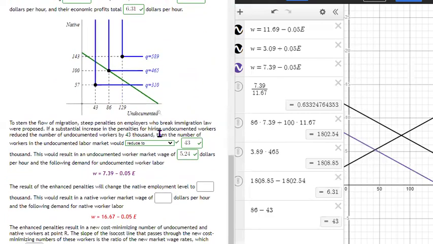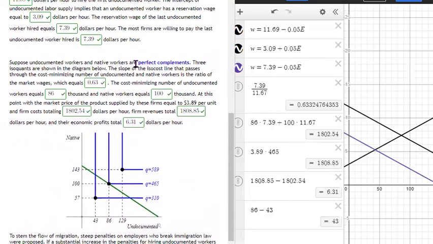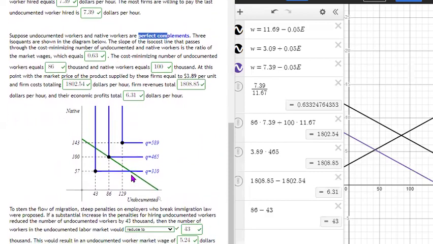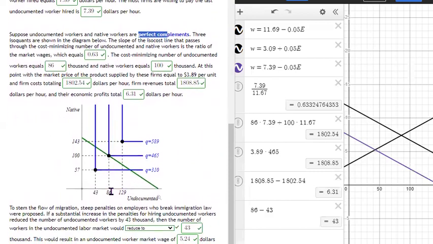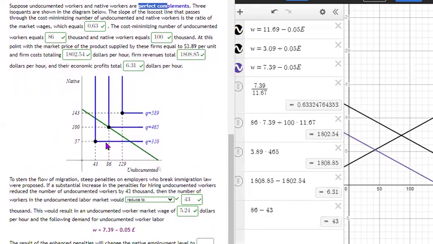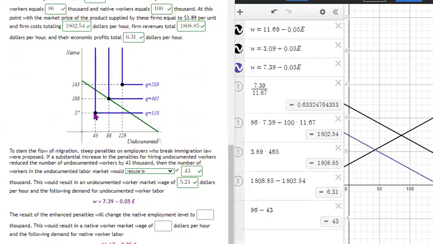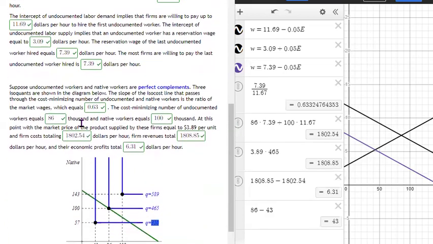The result of the enhanced penalties will change the native employment level to what? Well, since the two are perfect complements, we were at 86, now we're at 43. So firms will only be able to produce 310 units, because undocumented workers and native workers are perfect complements.